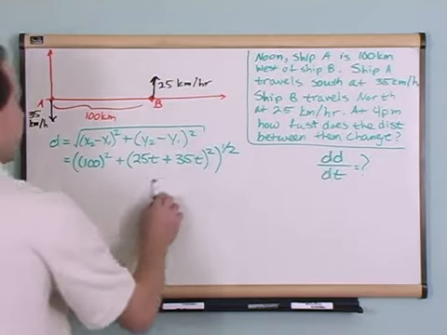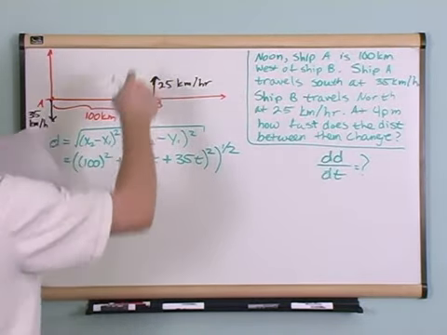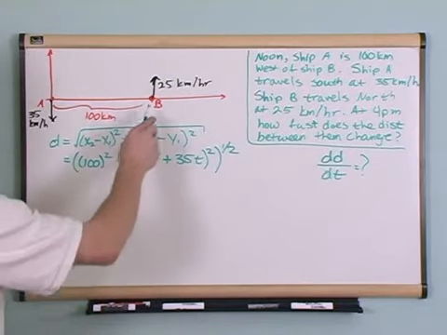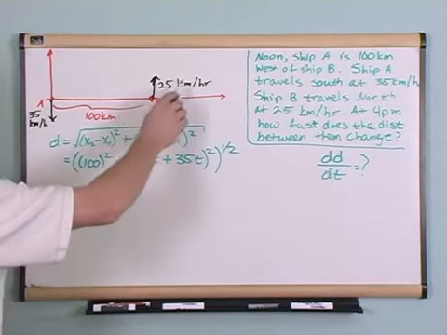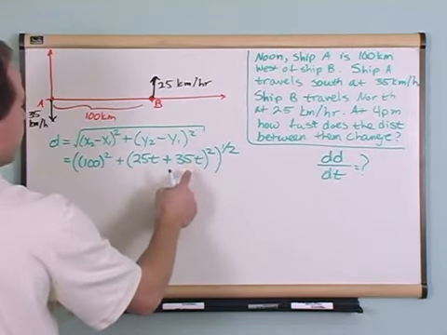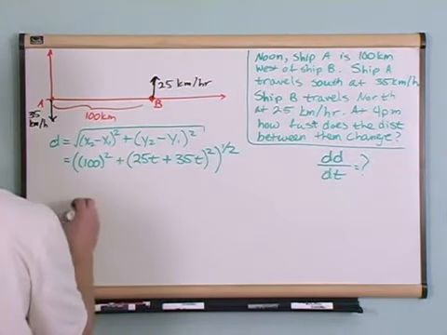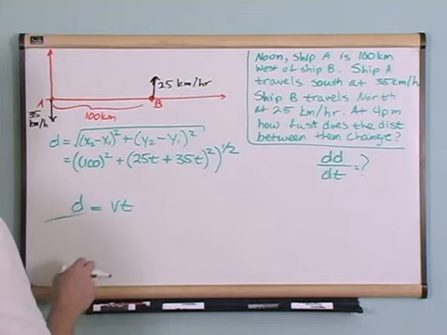How do we get this stuff here? Well, at any given time, I want to find out how far apart are they. I want to find the distance in y. Well, this guy is traveling north at 25 kilometers per hour, and at any given time, his distance, d, is equal to velocity times time.